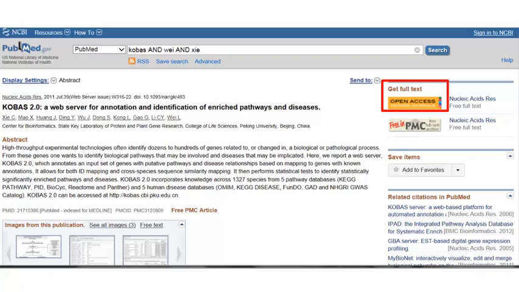It's just like this MOOC. Everybody who is interested in learning can have the opportunity to learn. Similarly, most of the bioinformatics resources are freely available for users around the world because government grant agencies or universities and research institutes had paid for the resources to be developed.